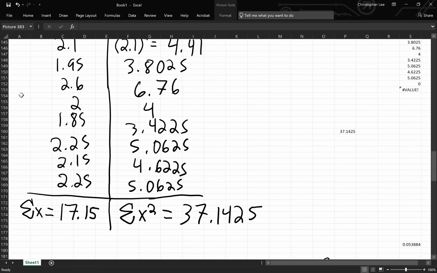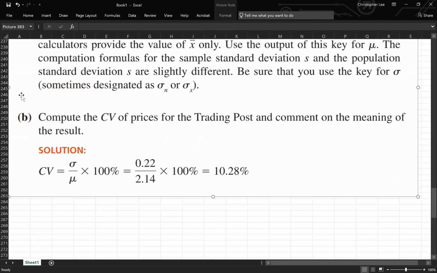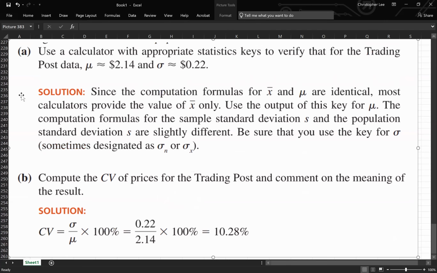Depends on the story of what you're working with. Money has two decimal places, so that's why we get away with rounding this off to like 2.14, for example, or 0.22.